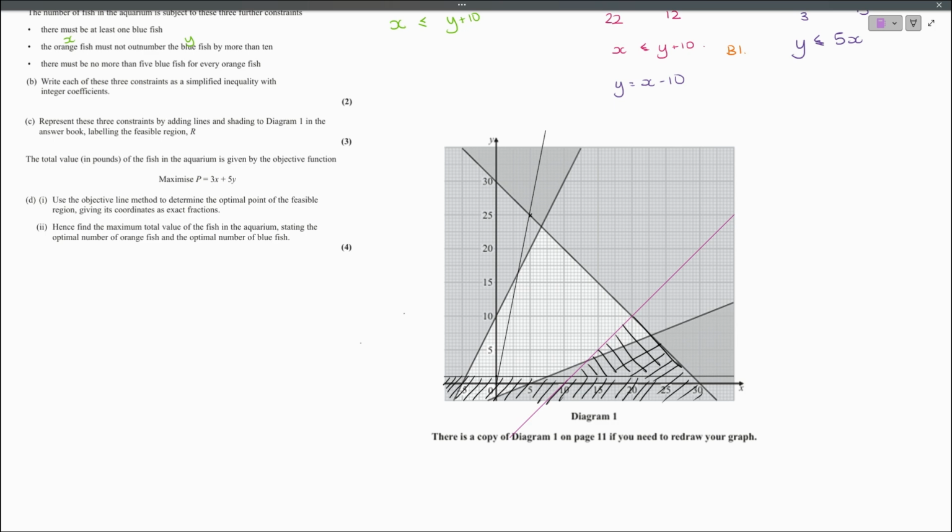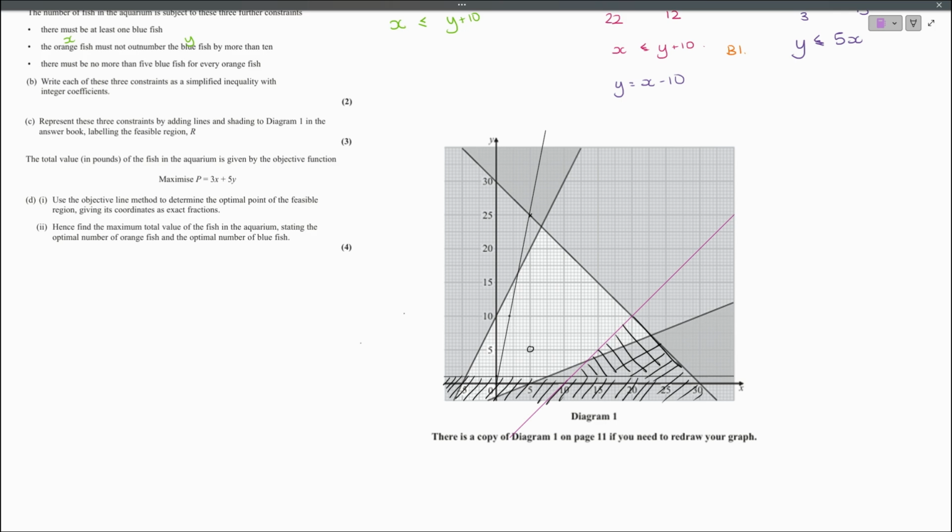And because the origin lies on this line, it's a bit tricky. So I'm going to consider the point 5, 5. If I substitute in 5, 5, well, x is 5 and y is 5. I'm going to get that 5 is less than or equal to 25, which is definitely true. So a point 5, 5 is on the correct side of this line.